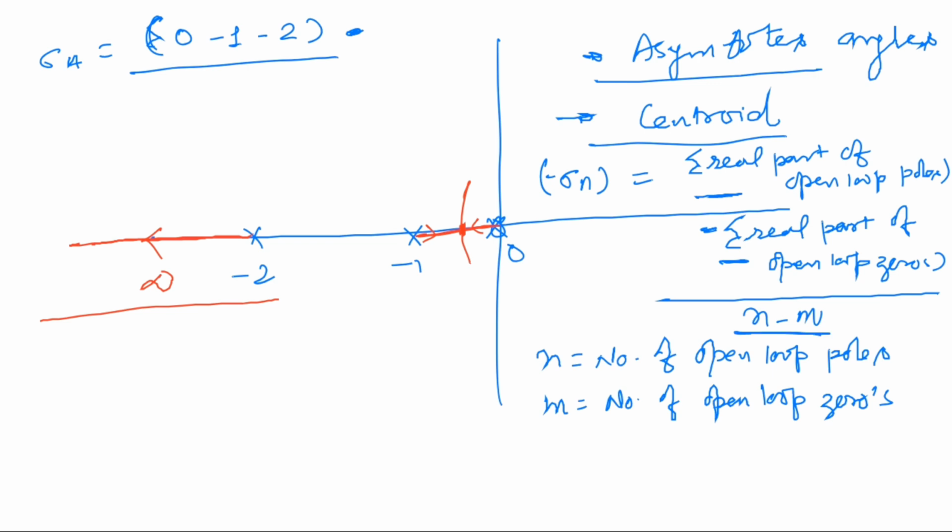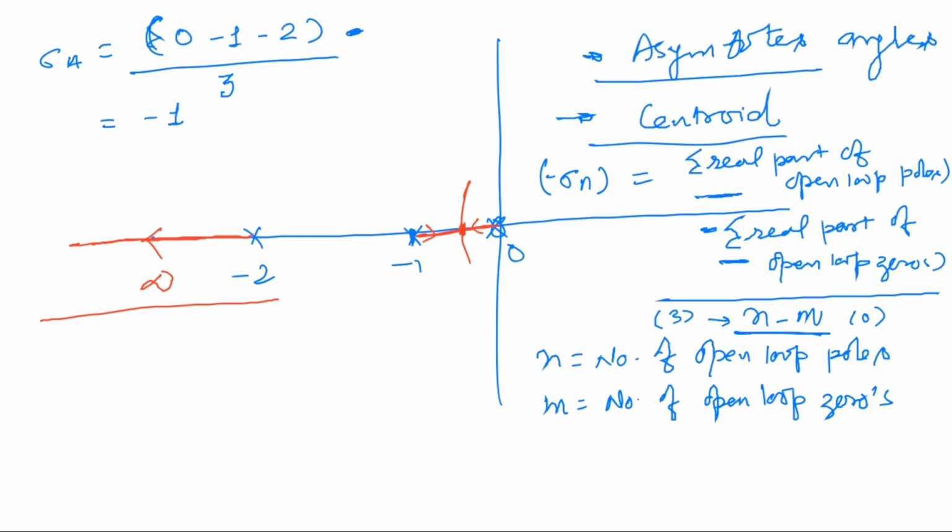We have three open loop poles and no zeros for the given transfer function, so n minus m becomes 3. From here the value of the centroid becomes -1. So this is your centroid from where we are going to draw the asymptotic angles.